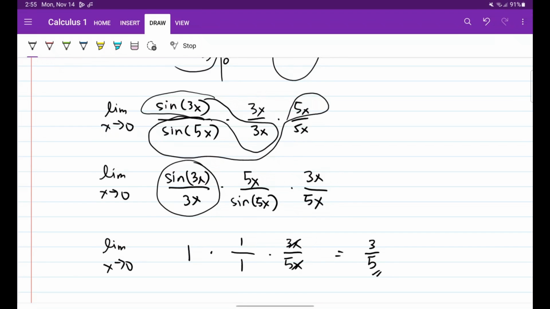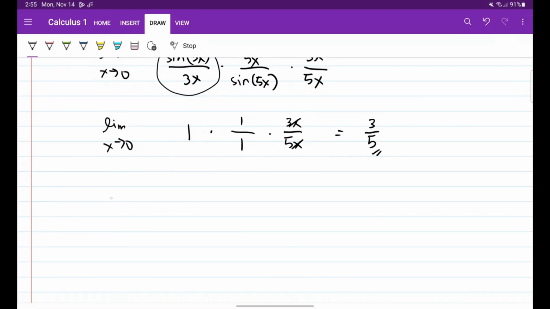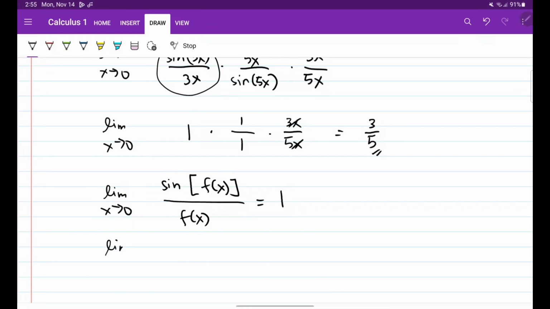Okay? So, technically, para siyang limit as x approaches 0 ng sin of f of x all over f of x is equal to 1. And limit as x approaches 0 ng 1 minus cosine f of x all over f of x is equal to 0.